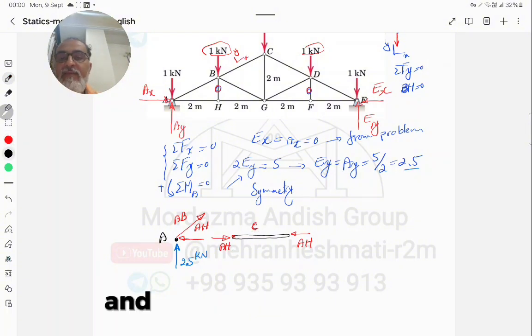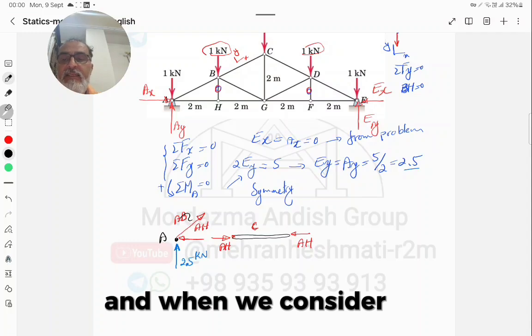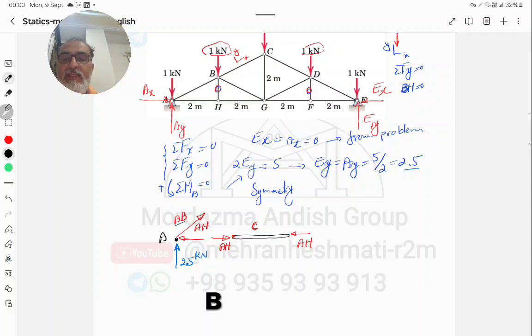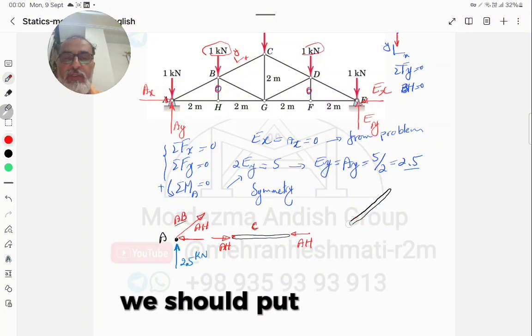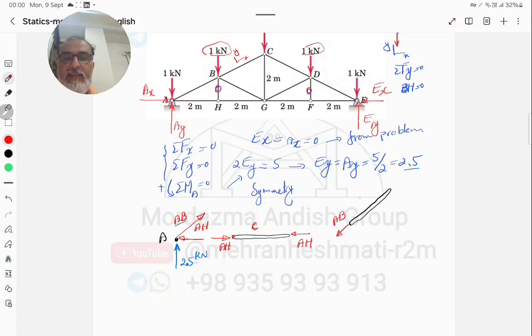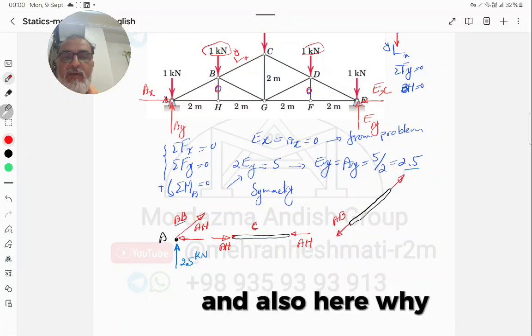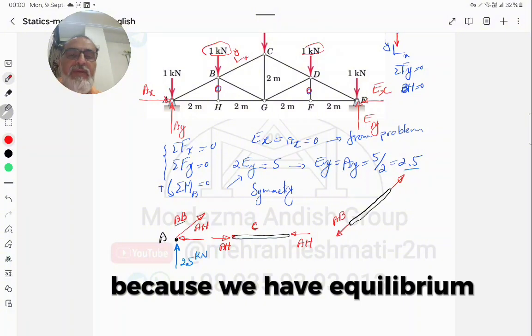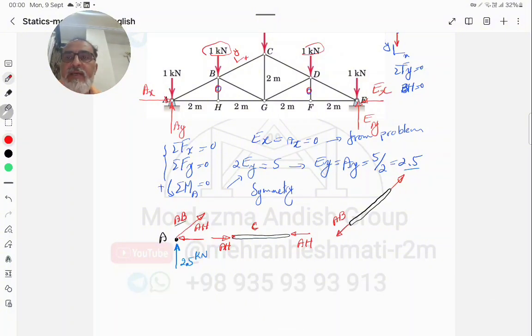And when we consider the force AB in this direction, we should put the reaction of AB here and also here. Why? Because we have equilibrium on members and also on joints. In this condition, this member is under tension.